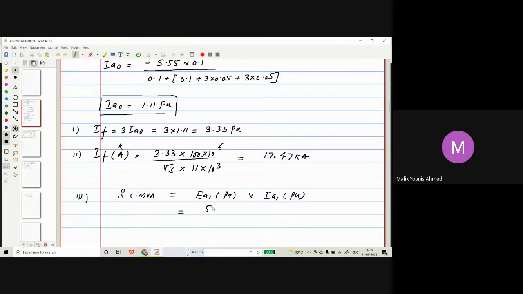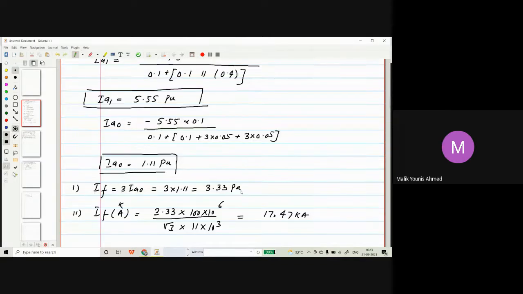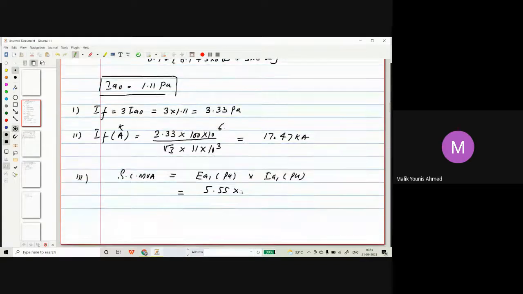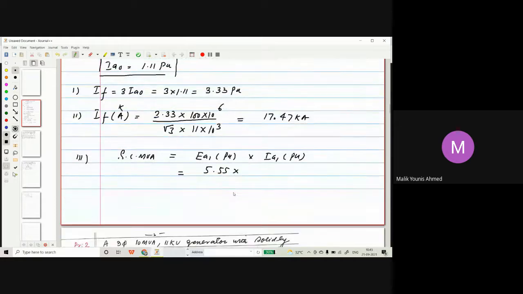EA1 is 1 per unit, IA1 is 5.55. Then you can multiply this, and this is 555 MVA.